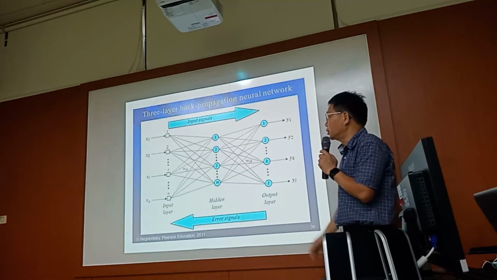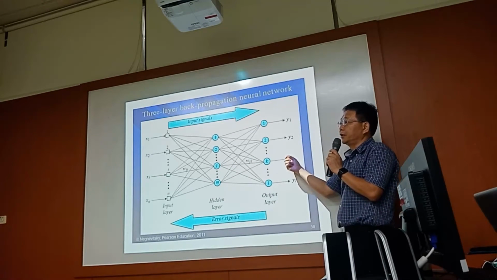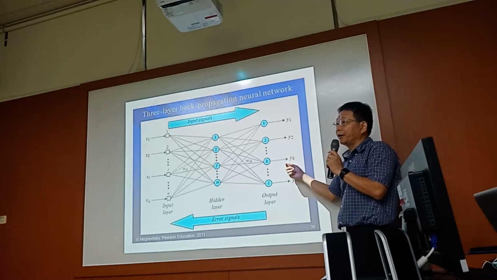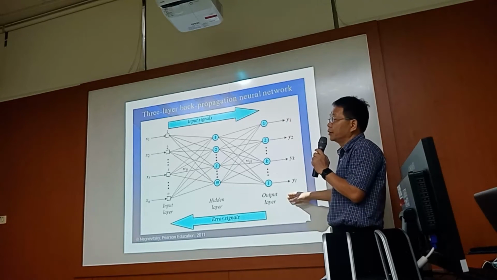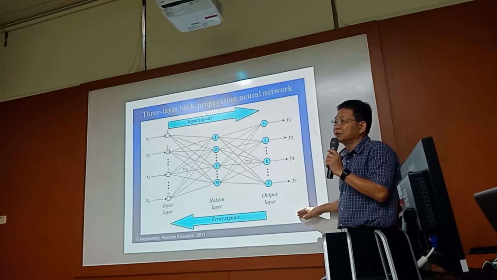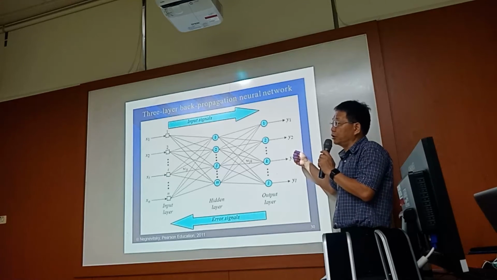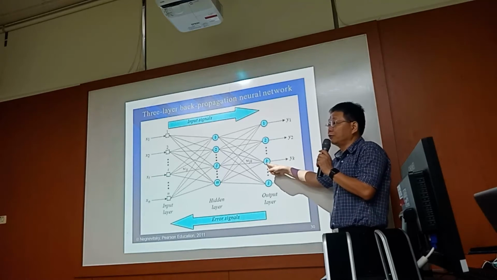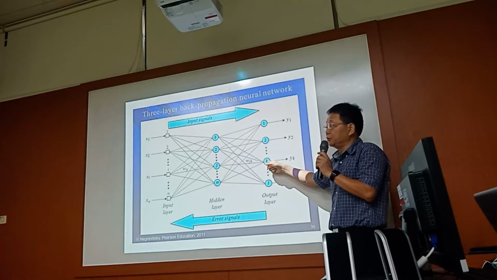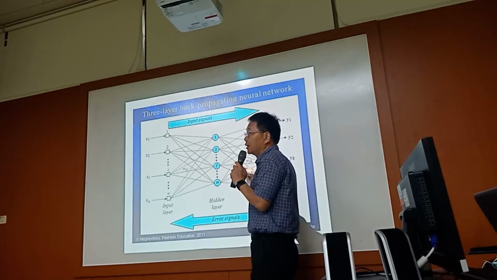Be careful. We forward calculate the output y and compare with our desired output, so we get an error, and use this error and this node value as the input to calculate the weight.